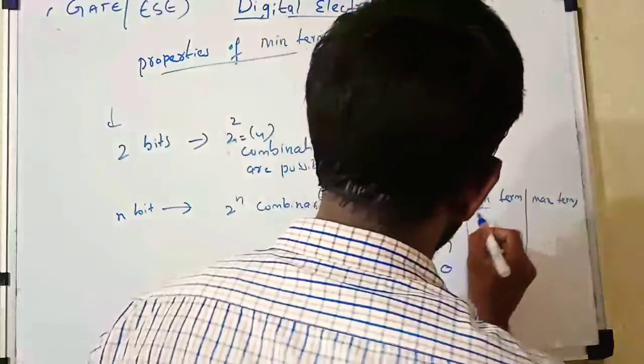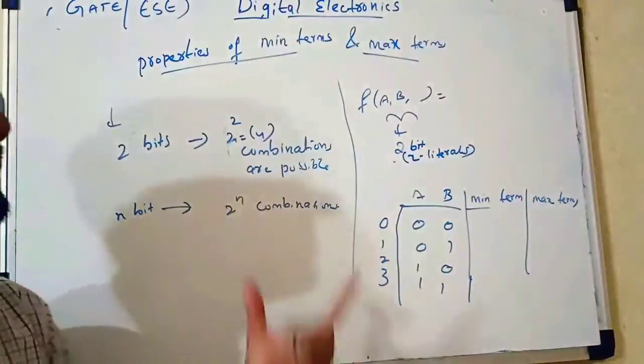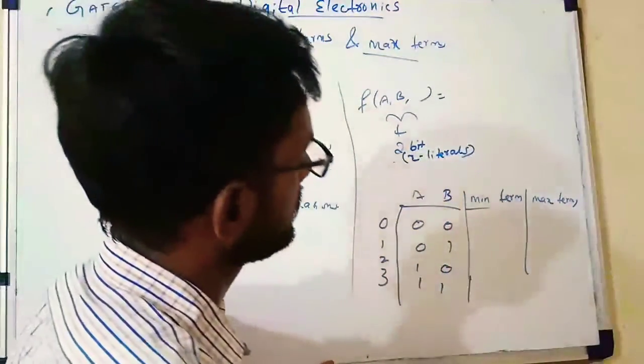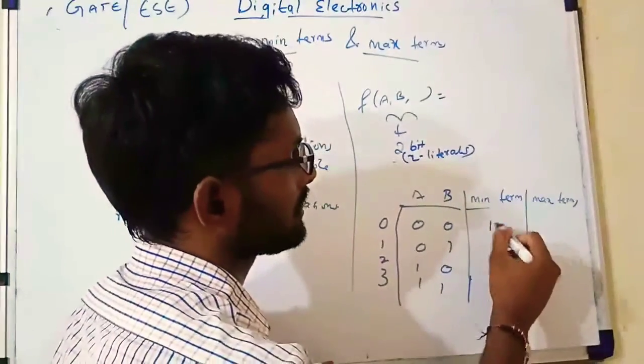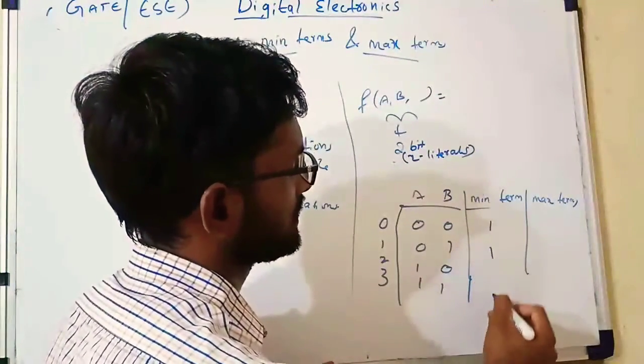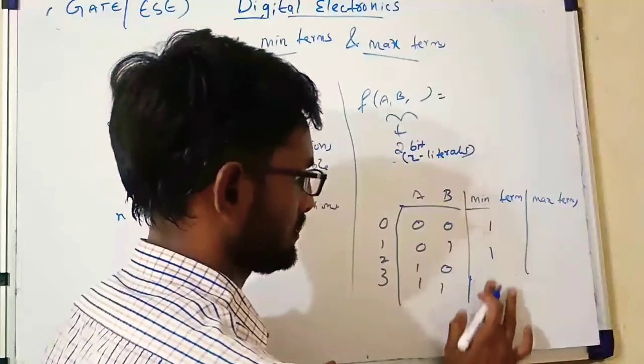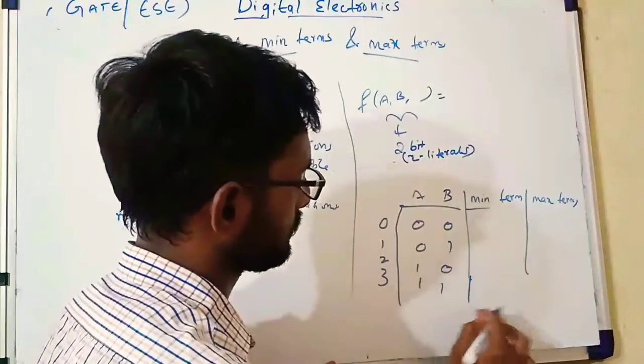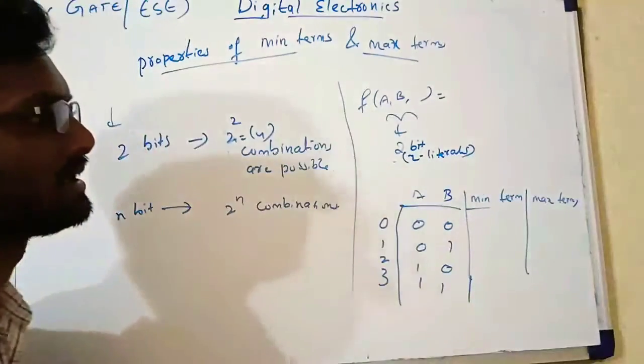While we are representing the minterms or maxterms, if there is a minterm, then we will represent this as 1. That means there will be 1 minterm, 2 minterms, 3 minterms, 4 minterms. So maximum there will be 4 minterms for 2 bit.